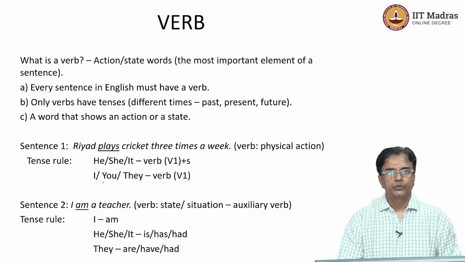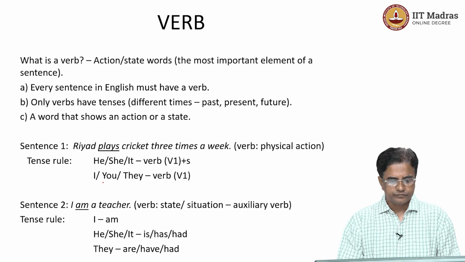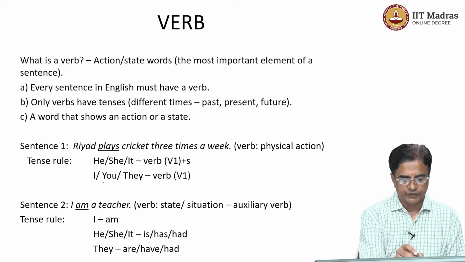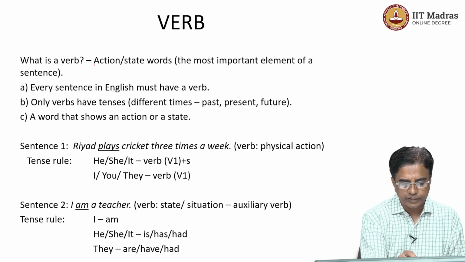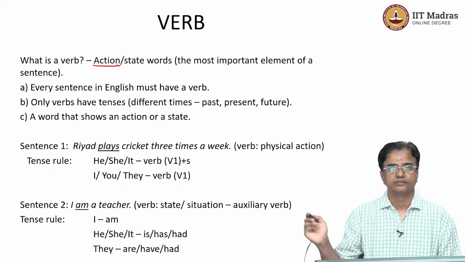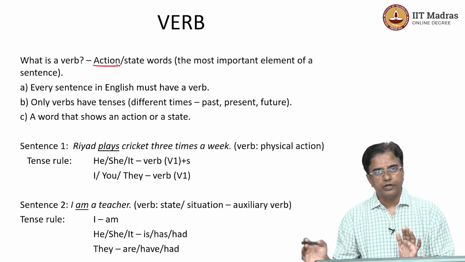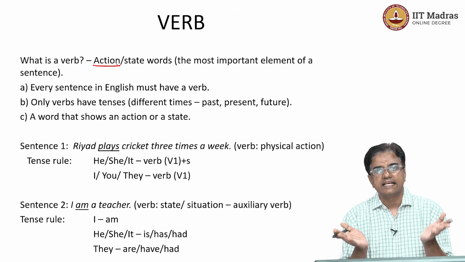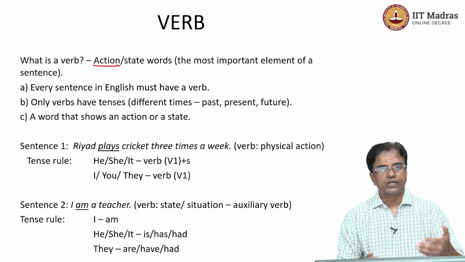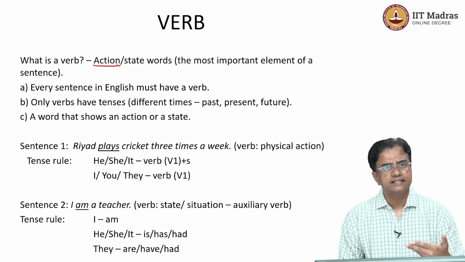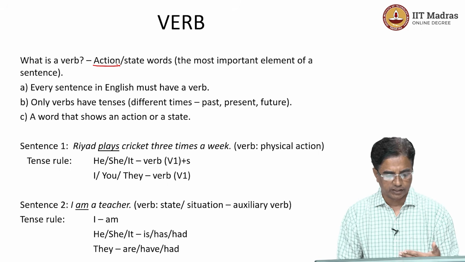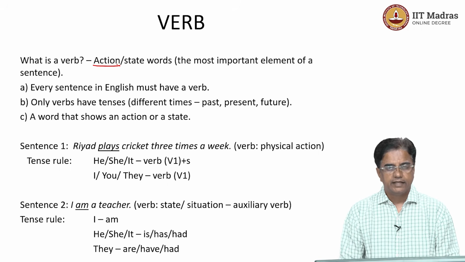We are going to look at verbs. What is a verb? As you can see, in short, we know it as an action word. So, when we are talking about verbs, now we are going to talk about how it works in a sentence. We are going to show you examples of sentences and then several other things about sentences we are going to discuss shortly. But look at this.